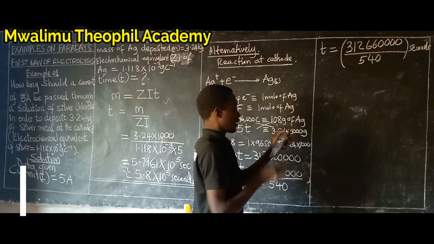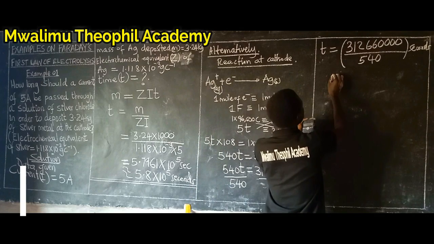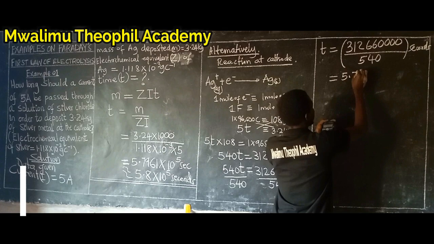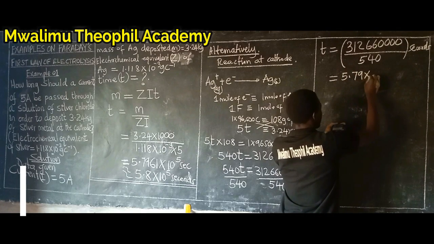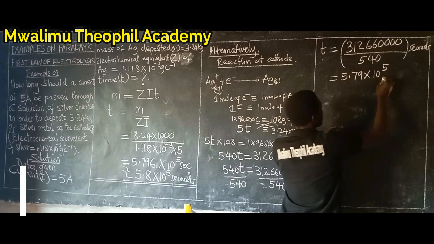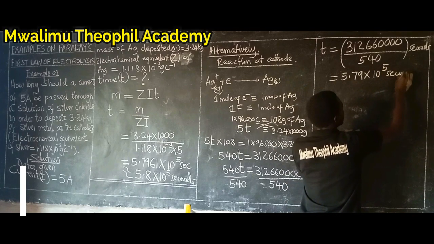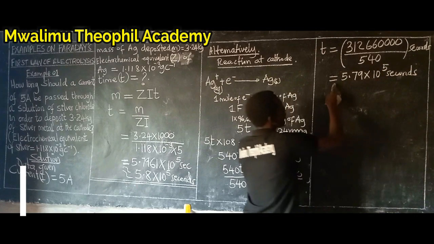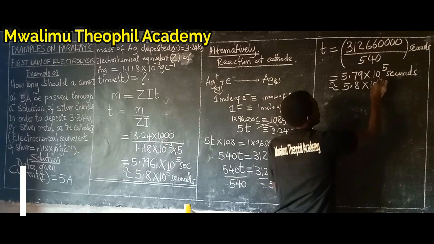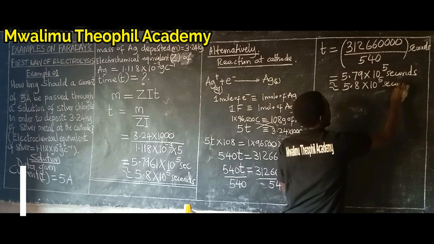540. Here the answer which you get is 5.79 times 10 raised to 5 seconds. When you approximate this, you get 5.8 times 10 raised to 5 seconds.